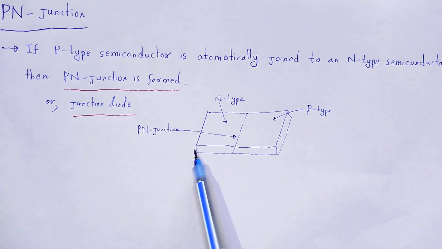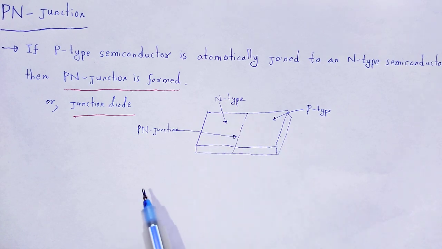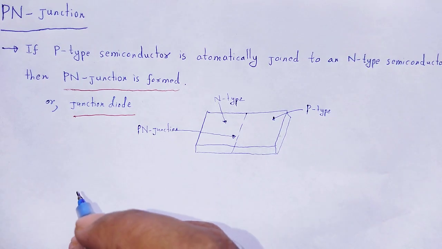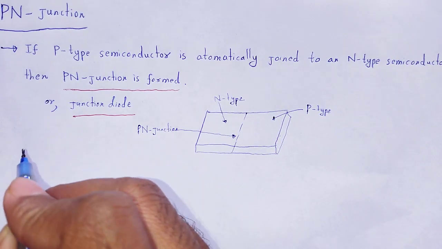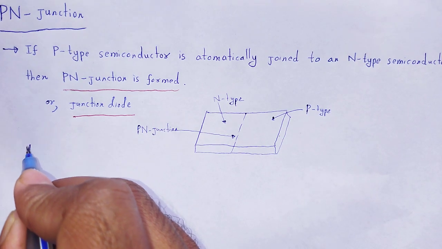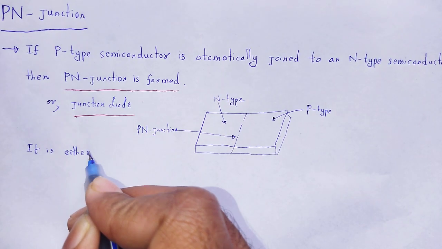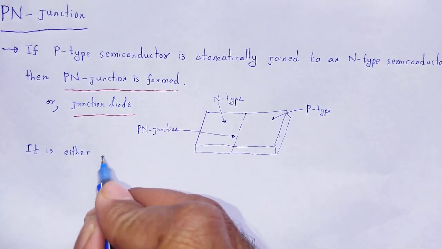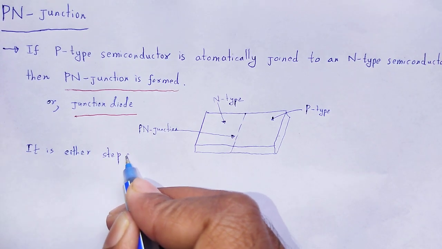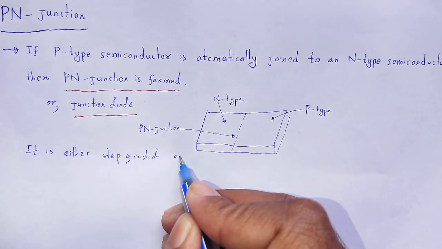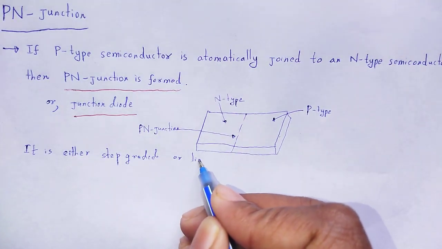And if we classify the PN junction diode, it is either step graded or linearly graded.